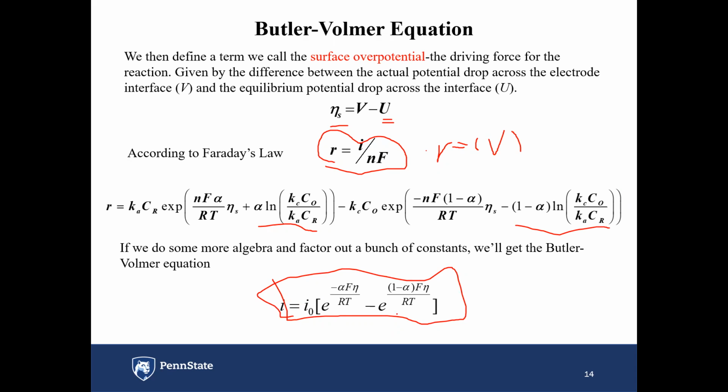The Butler-Volmer equation gives us a very important expression of how the current is related to the overpotential. And because the open circuit potential is known, we also know I's relationship to V. So we know both I's relationship to V and I's relationship to eta, that is the overpotential.